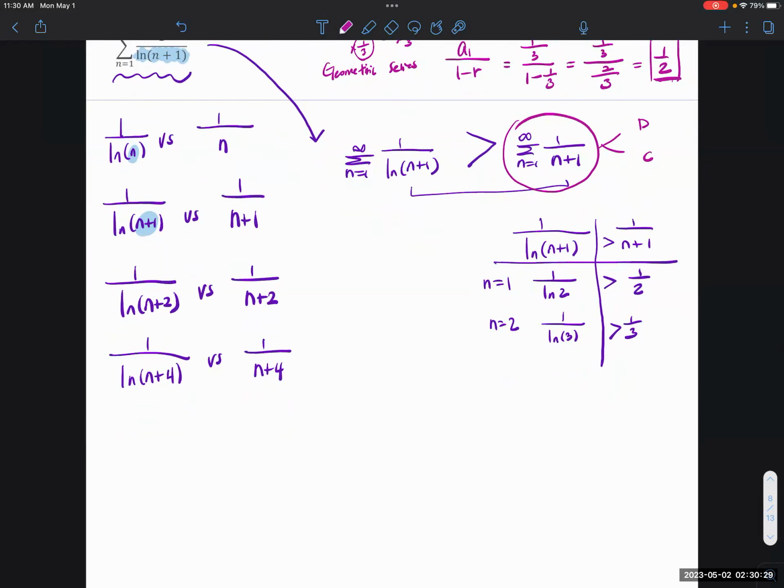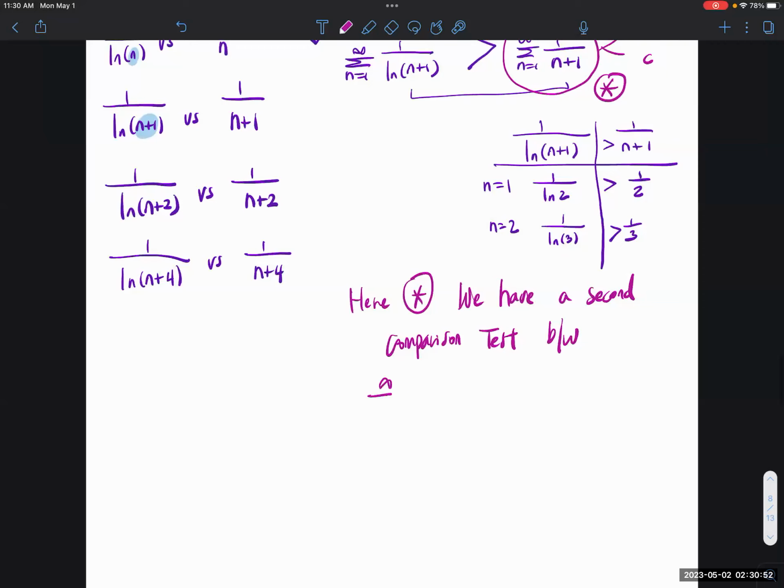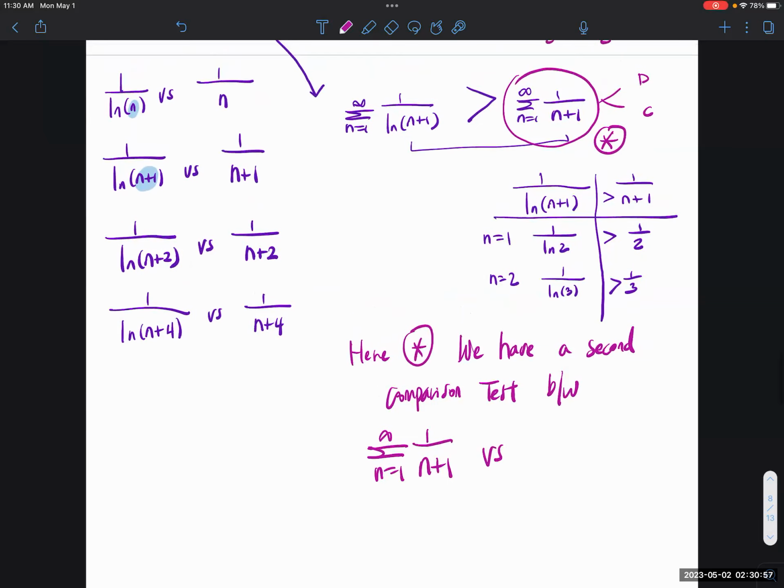So here, watch me, what are you guys going to do? 1 over n plus 1 still looks complicated. So again, here I'm going to make a star. We have a second comparison test between the sum from n equals 1 to infinity of 1 over n plus 1, versus, what do you guys think, the sum from n equals 1 to infinity of 1 over n.